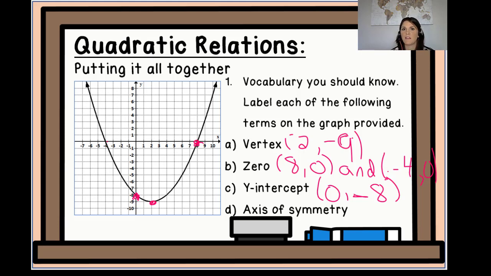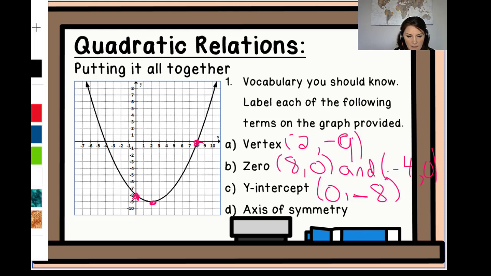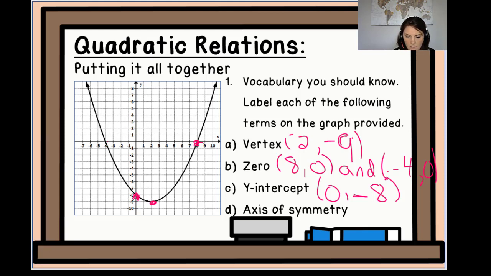Next, we're going to talk about something called the axis of symmetry. So this is basically where we can cut our parabola in half and have two symmetrical sides to the parabola. And our axis of symmetry cuts right through the vertex. So I'm going to switch colors here. And I'm basically going to just draw a dotted line right down to the vertex, and it's at the line x equals 2.